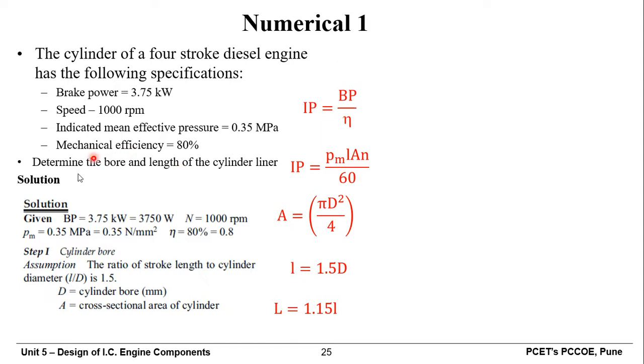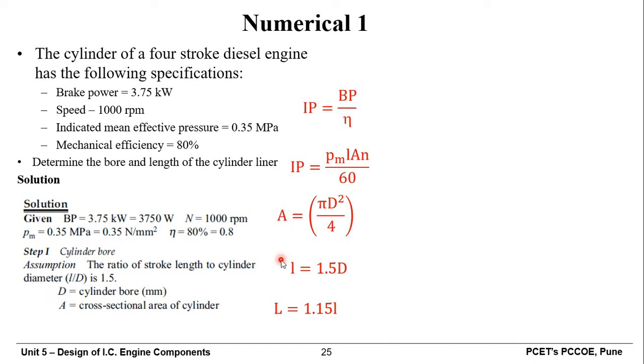So when you compare the given values and the equation, we need to initially assume that the ratio of stroke length to cylinder diameter, that is small l by capital D, is taken as 1.5, where D is the cylinder bore and L is the stroke length.